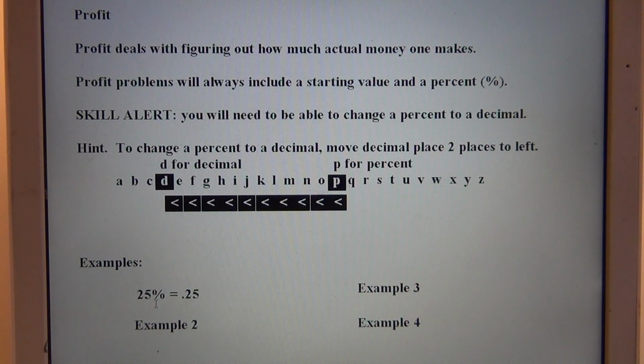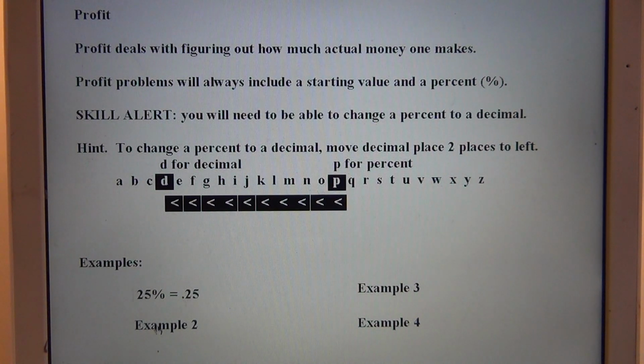So if we were to move it 2 places to the left, we'd go 1, 2, and we would be here. So 25% is 25 hundredths, or 0.25. And by the way, you should know that the percent sign actually means denominator 100. So this is 25 hundredths.